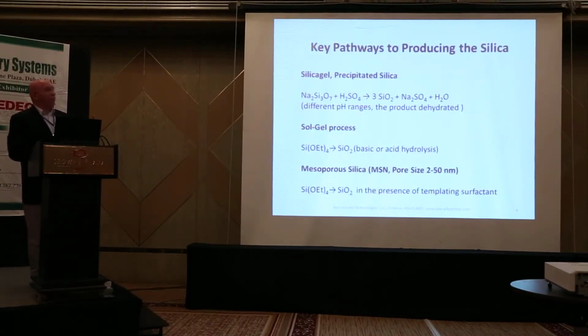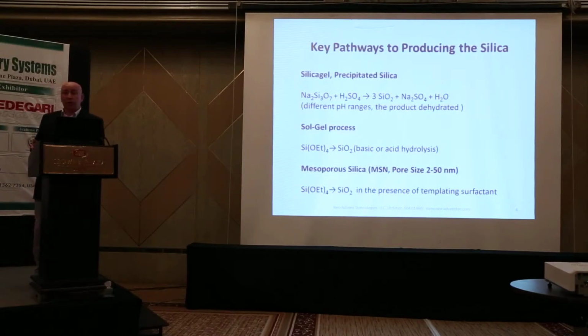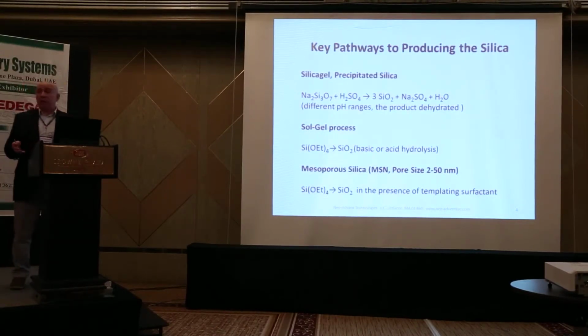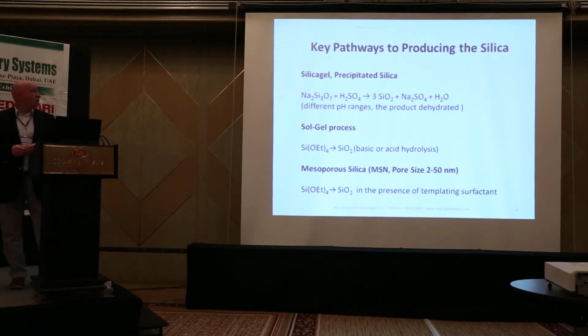These are three major pathways we use for producing our silicon oxide material. For silica gel and precipitated silica, you simply take a sodium silicate solution and go ahead with hydrolysis. Depending on different conditions at different pH, you can produce more or less hydrated products.